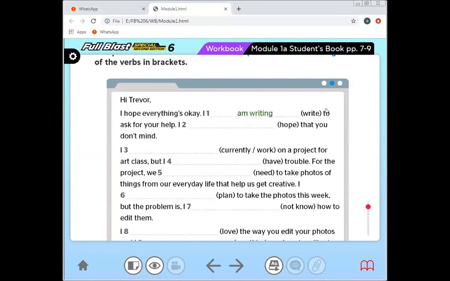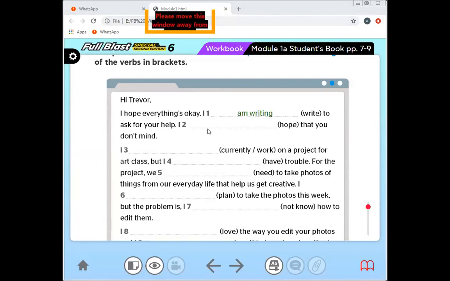To ask for your help. I that you don't mind. I hope or am hoping? Who raised her hand? I'm going to choose Farida Ahmed Muhammad. Yes, Farida. What's your answer?